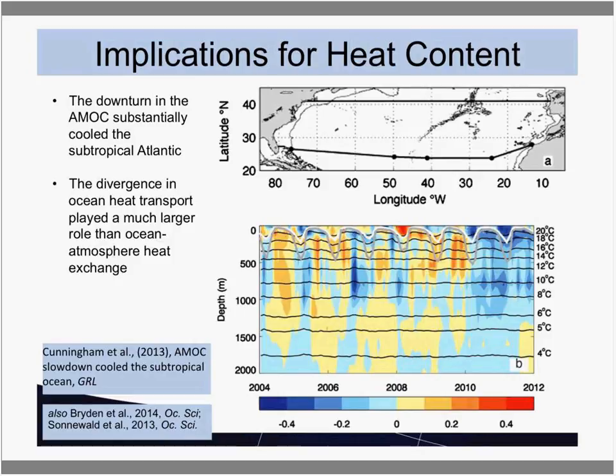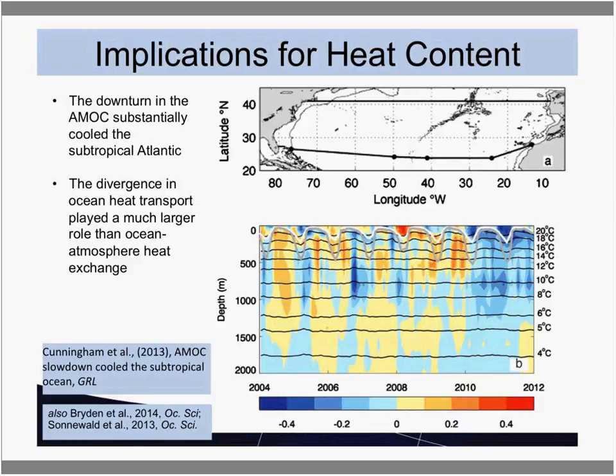You can see there's not much going on up until about the start of 2010, and you then see a sharp cooling over the subtropical gyre during this period. So it matches up that we see this drop in the overturning circulation, and we see this cooling further north of it.